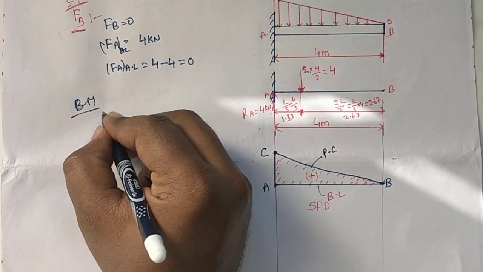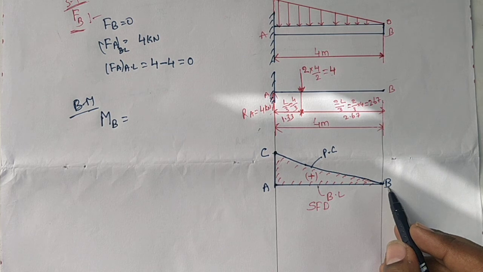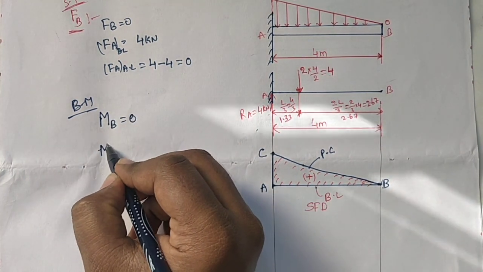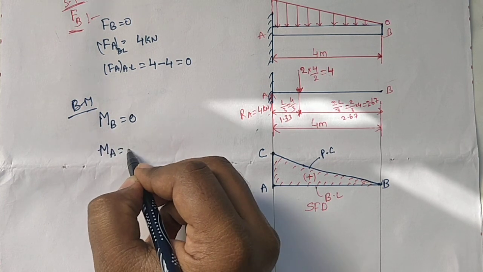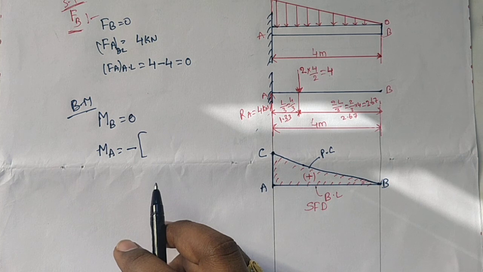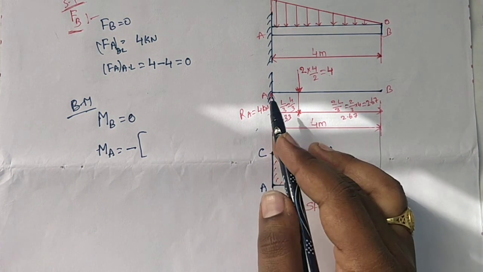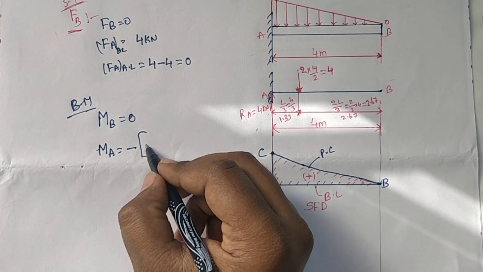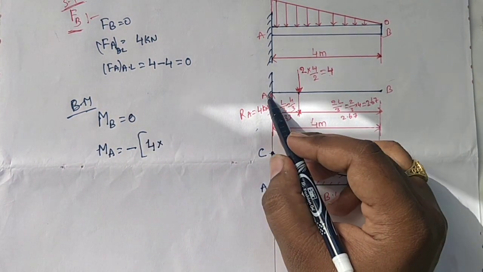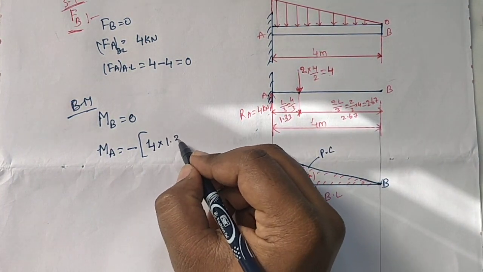Next, similarly we need to calculate bending moment values. Bending moment at point B: there is no load there, so the bending moment at B is 0. Similarly, the bending moment at point A is negative, because it is hogging. Minus of the load on the right side of A, whose value is 4, into the distance from this point to point A, which is 1.33.